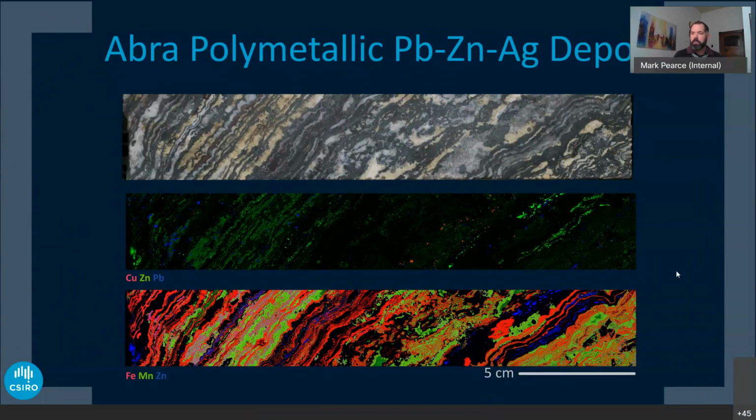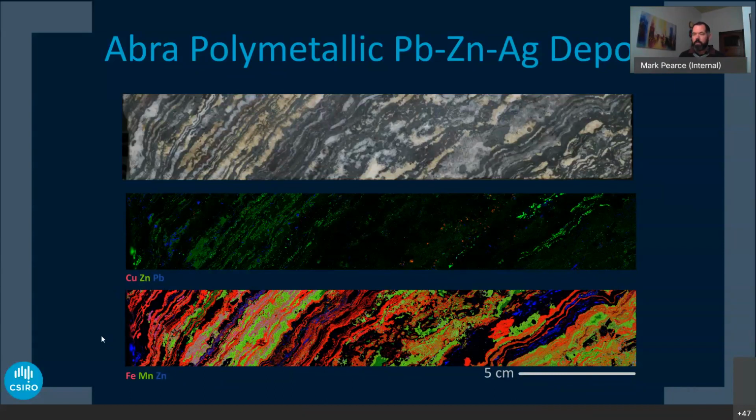The piece of core I'm going to talk about is shown at the top there. It's just an optical image, and you can see this banded structure to the core, with iron oxides and carbonate layers. The first thing we can do is look at where the economic elements of interest sit. The first image in the middle is a copper, zinc, lead map, shown in red, green, and blue respectively, and this is how all these maps are going to be shown.